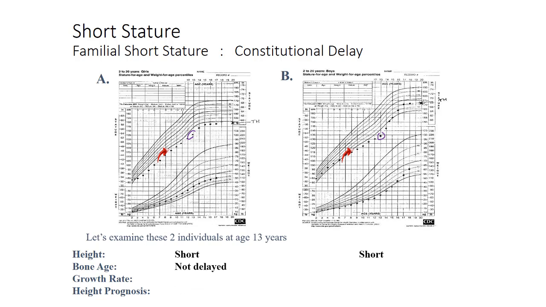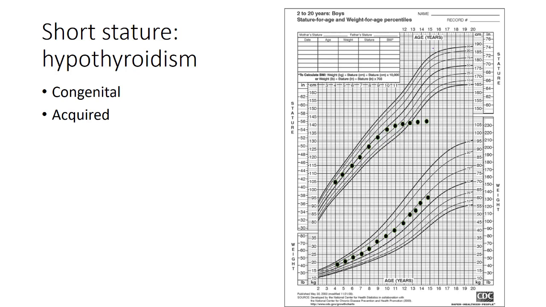But if you were to do a bone age, the person with familial short stature would not be delayed, whereas it would be delayed in constitutional delay. The growth rate in constitutional delay is generally normal, maybe just slightly lower compared to the population. And the height prognosis in familial short stature is poor, basically the genetic programming, whereas this child is going to catch up and hit the target height just a little bit later than his or her peers.